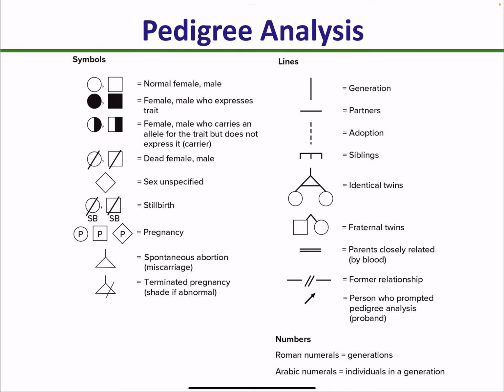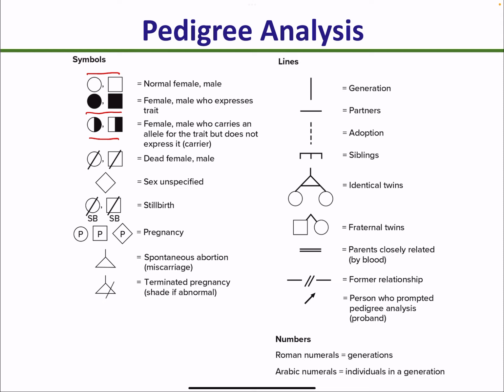If a circle is partially shaded, that means the female is heterozygous, so they are carriers. When the square is half shaded, that means the male is heterozygous, it is a carrier, okay? So here we have carriers, here we have affected individuals, here we have unaffected individuals.